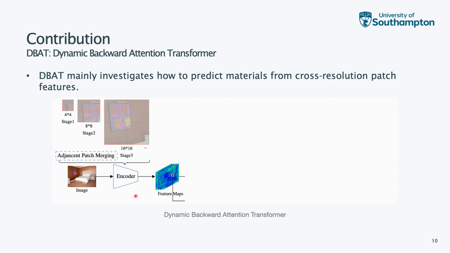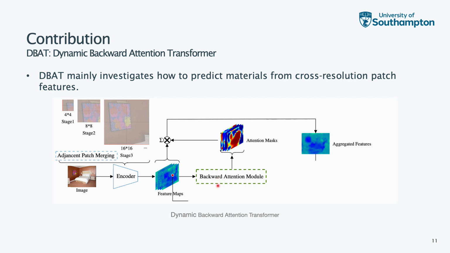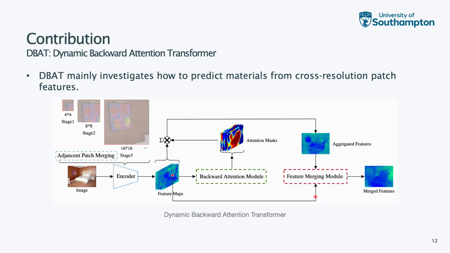This way, it is possible to aggregate cross-resolution features with a single branch encoder. Now, the backward attention module aggregates the cross-resolution patch features with predicted per-pixel attention masks. Finally, the feature merging module with a residual connection ensures that the DBAT learns complementary features.